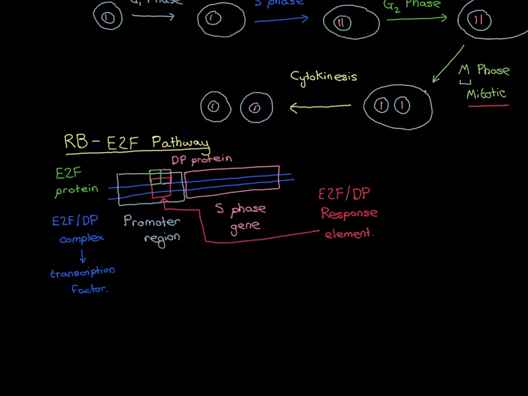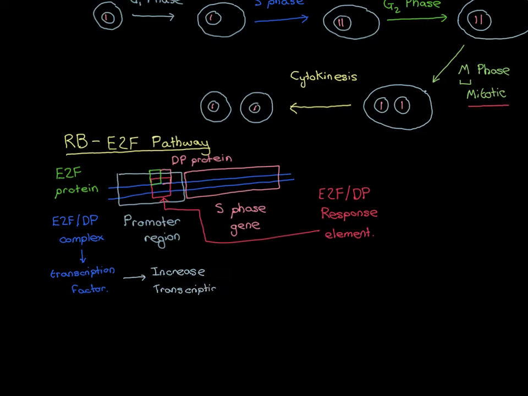So, what happens then is these E2F DP complexes bind to the E2F DP response elements, which we find in the promoter regions of all of these S-phase genes, and then they increase the chance that the gene is going to be transcribed. So, I'll just jot this down here: this is going to increase transcription. It will result in the downstream gene being transcribed more, and of course if it's transcribed more, then it will be produced more.